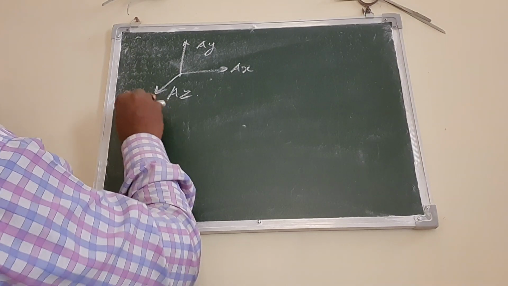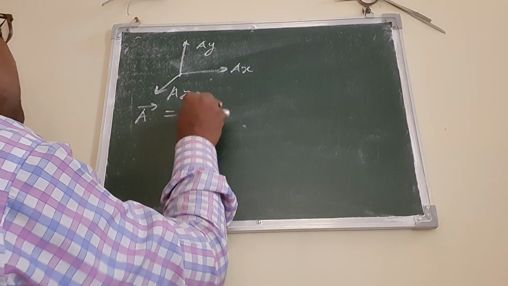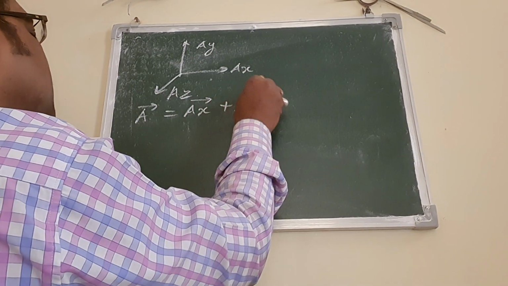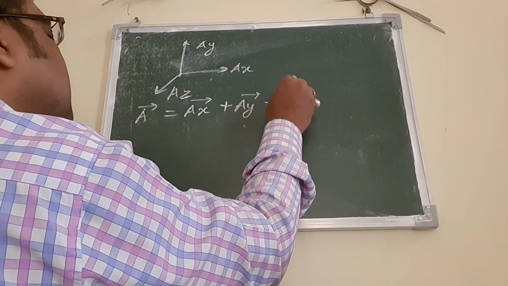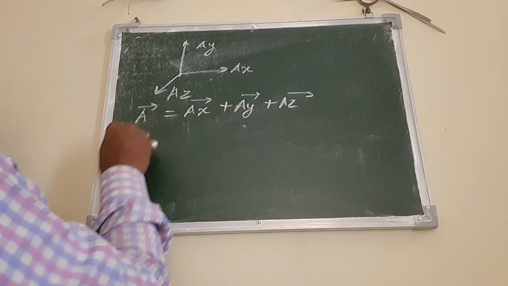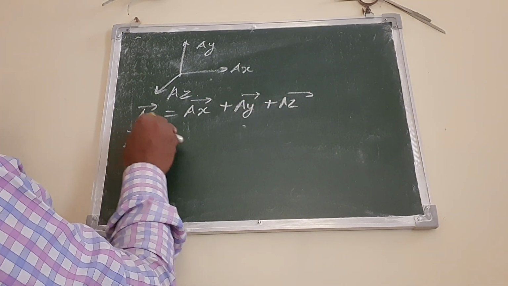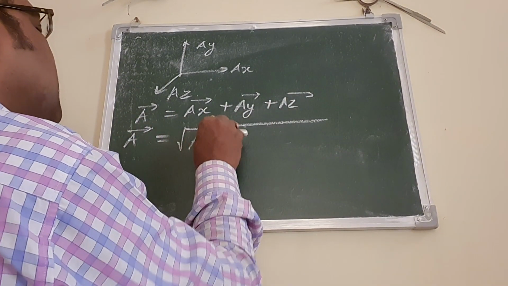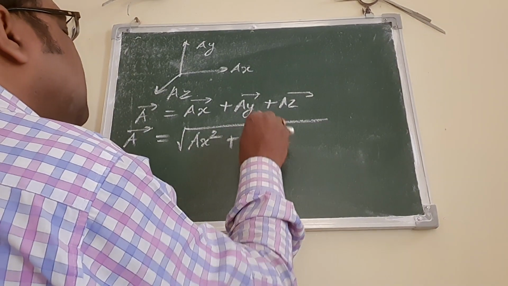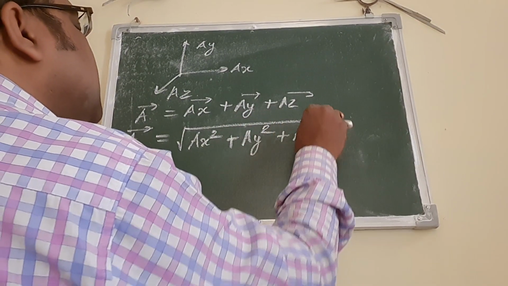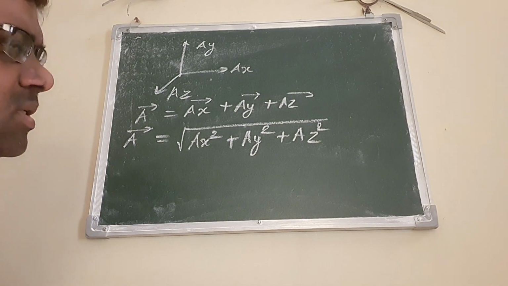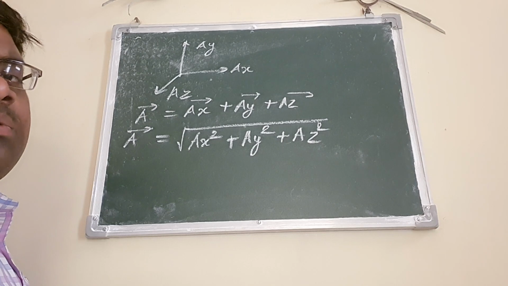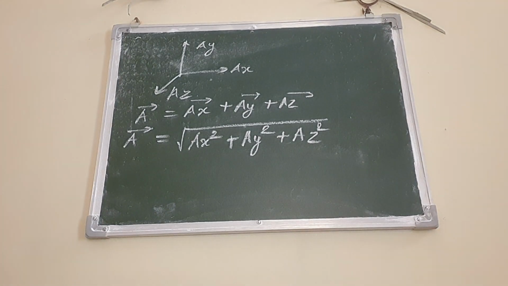So we can write A vector is equal to Ax vector plus Ay vector plus Az vector. Its magnitude will be A is equal to root of Ax square plus Ay square plus Az square. So this is the magnitude of the vector in 3 directions.